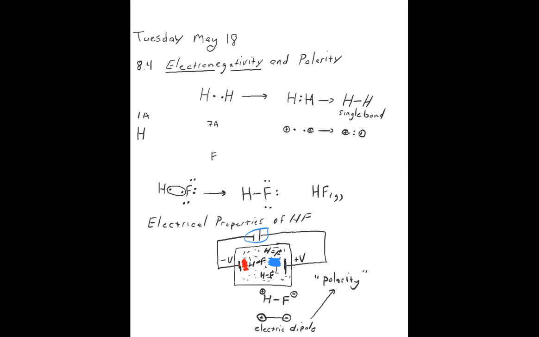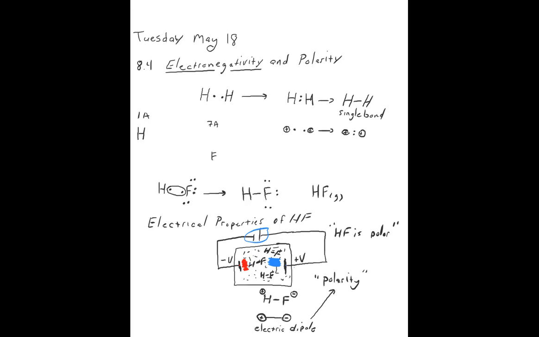So we would say that HF is polar. That would be another way of saying it. So we would say that there's polarity in this molecule or bond polarity, but we would also say that HF is polar. More technically, we would say that HF possesses a strong electric dipole.